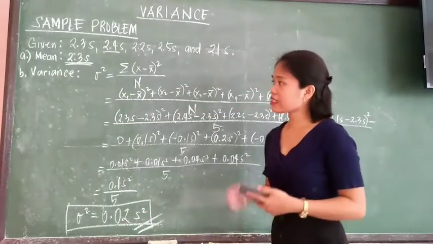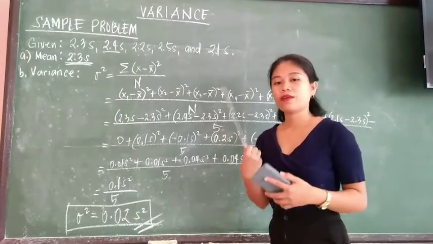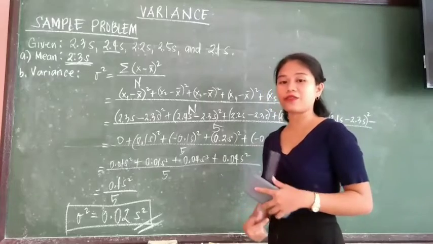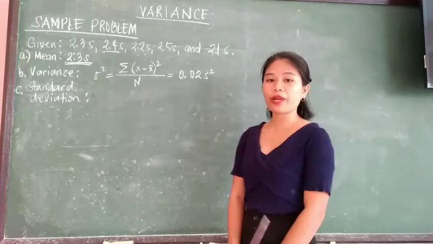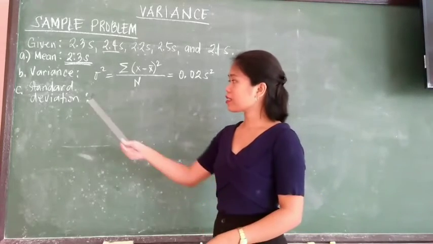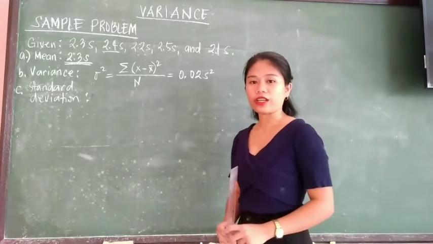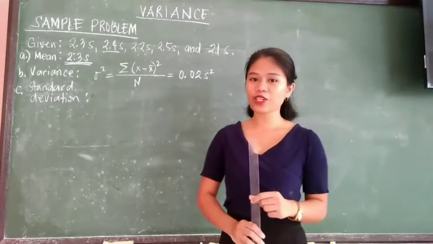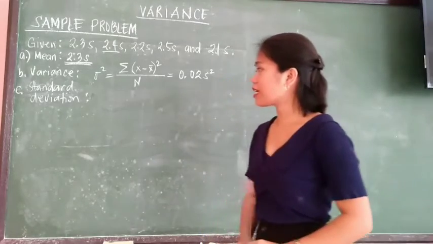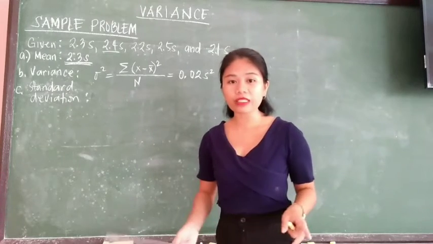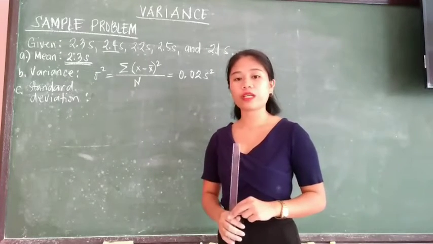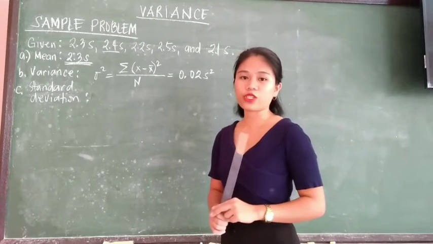Next is finding out the standard deviation. But what is standard deviation? Standard deviation is the measure of how diverse or how spread out the set of measurements is from their average.